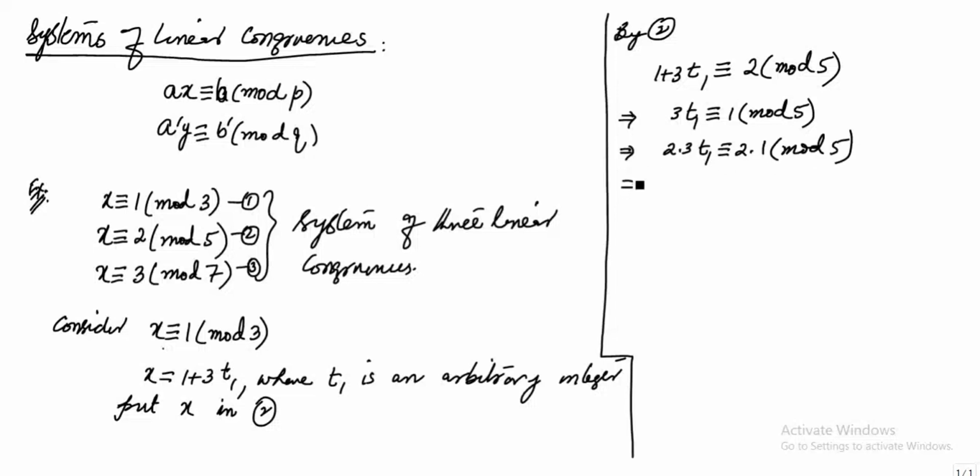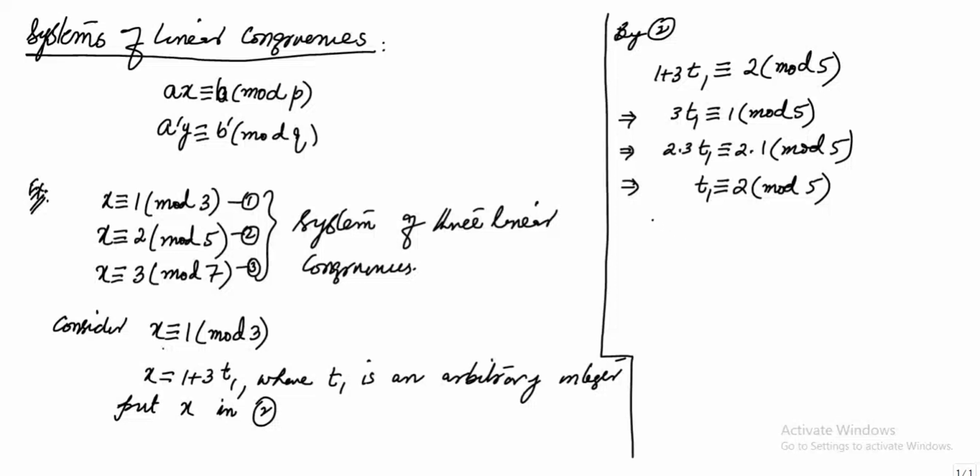So 2 times 3 is 6, which is 1 in modulo 5. So we can write t1 is congruent to 2 modulo 5. So it's the solution of the second congruence for variable t1.